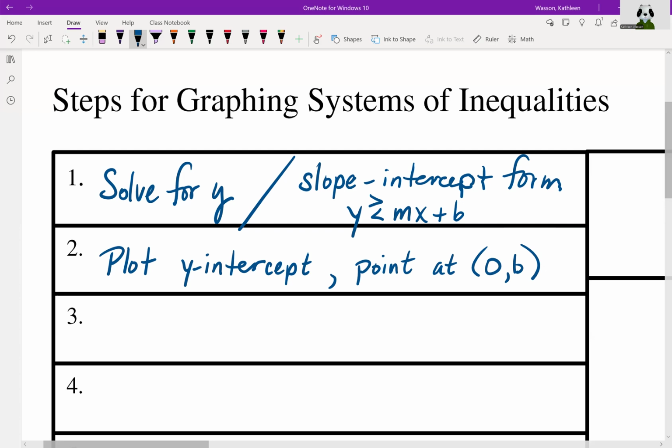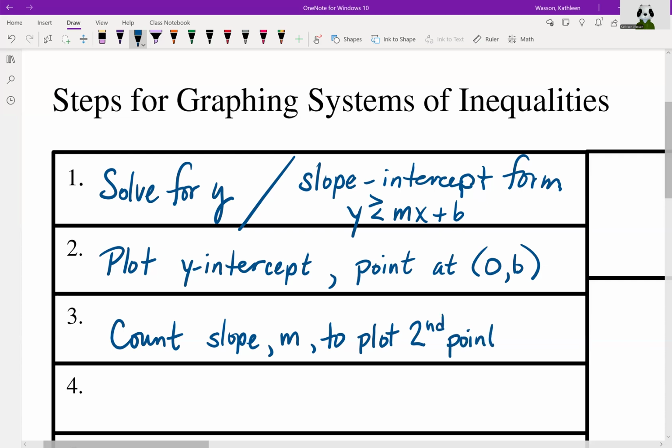From there, you can count slope to plot the next point. Slope is rise over run.